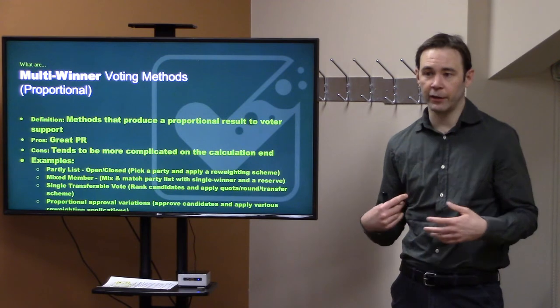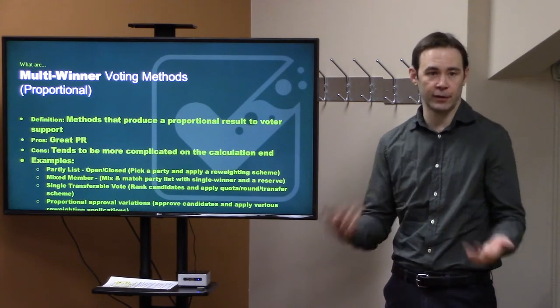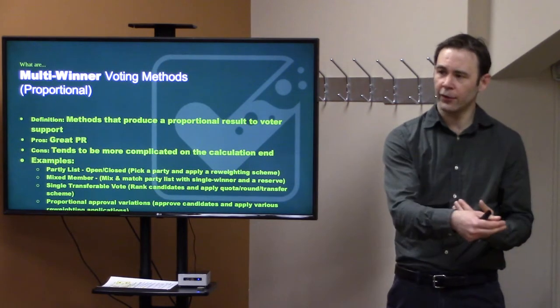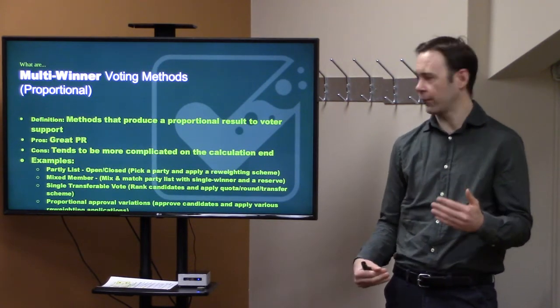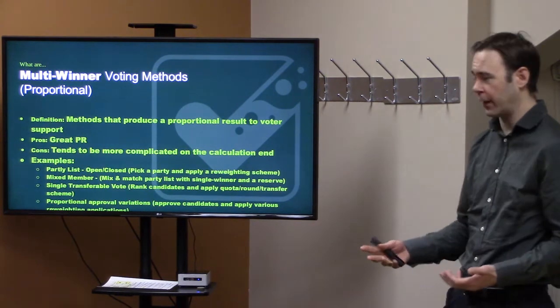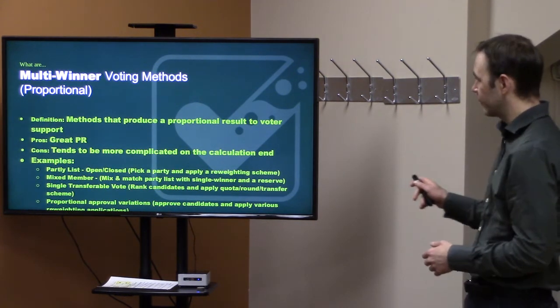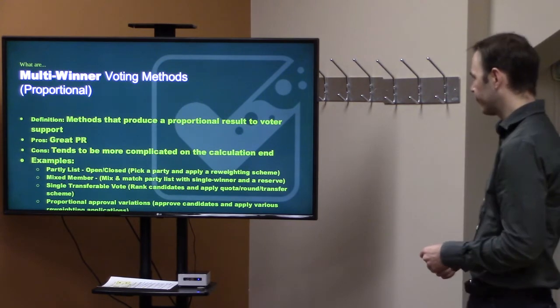They should get roughly 40% of the seats in representation. So that's the idea there. They shouldn't get too much more than they deserve, and they shouldn't get cut short of what they deserve. That specifically is what we mean. These proportional methods tend to be really good at delivering that.